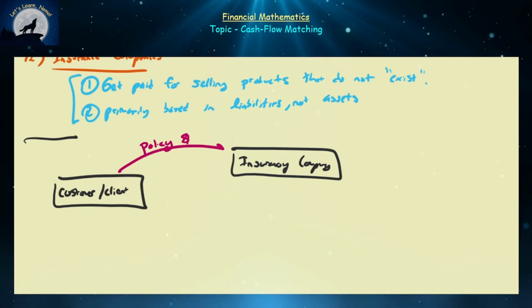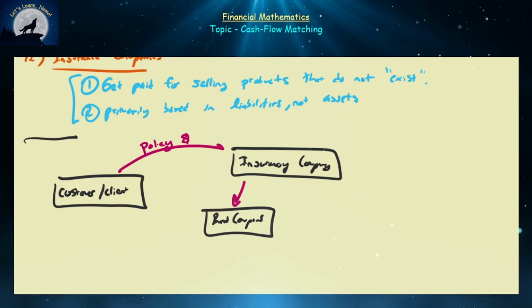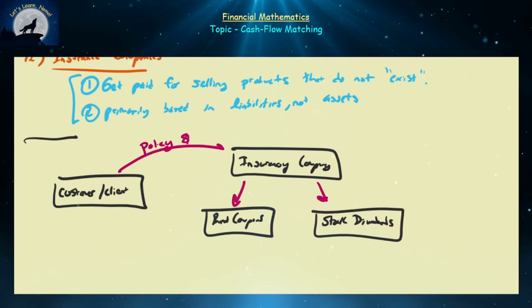And what does that insurance company do with that money? They could, for example, invest it into bonds, so usually they would get bond coupons because that's good for them. They could also trade stocks with it, so they could get stock dividends.